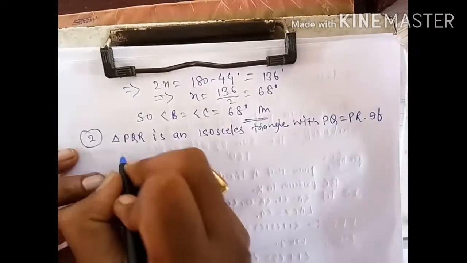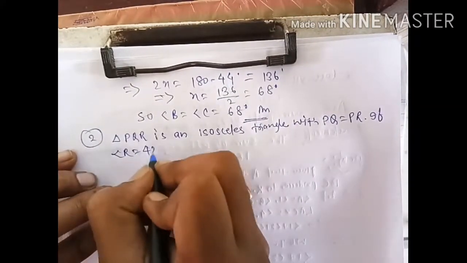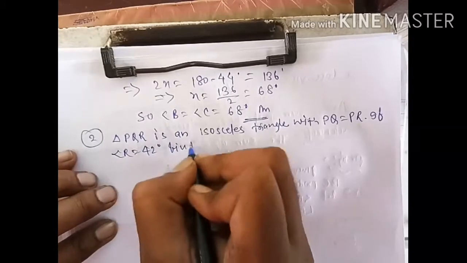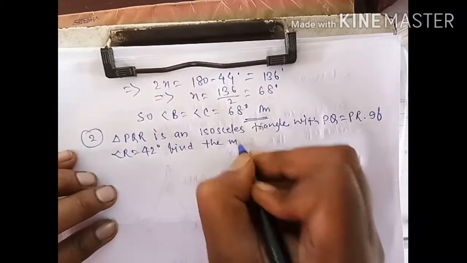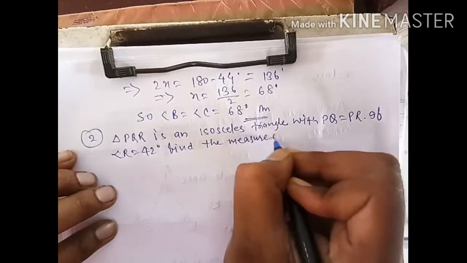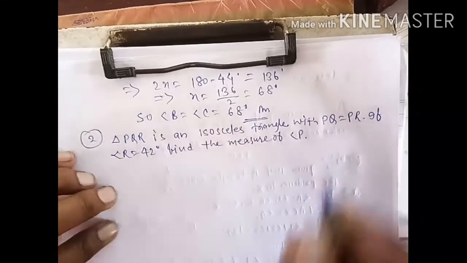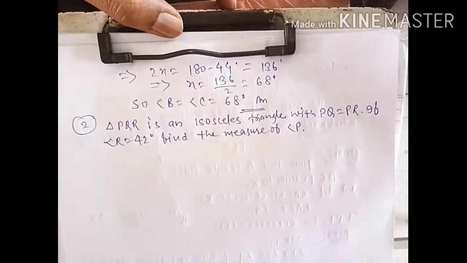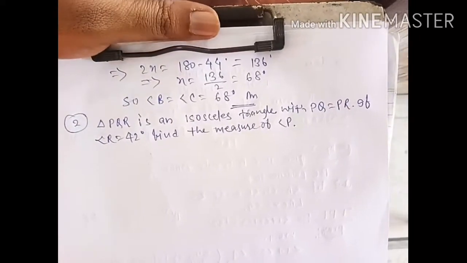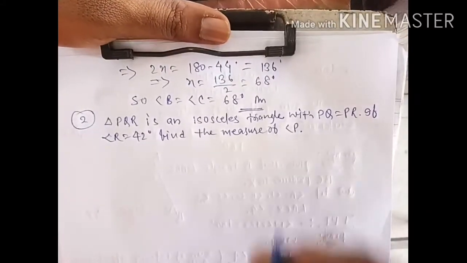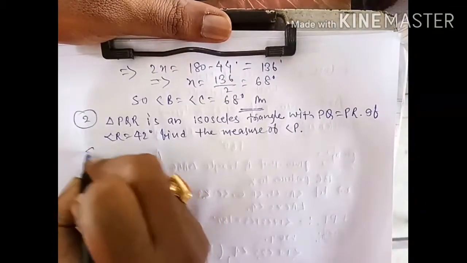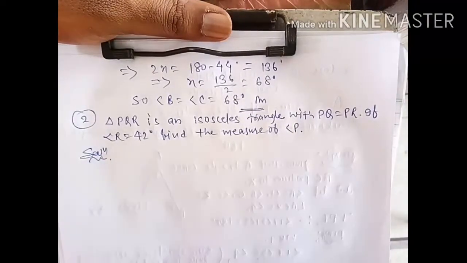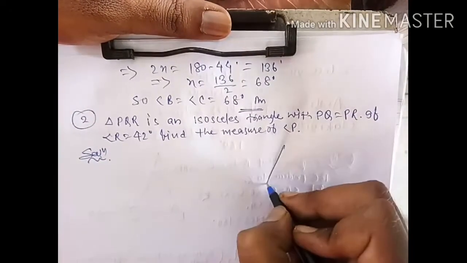If angle R is equal to 42 degree, find the measure of angle P. Solution. First you make a triangle PQR.